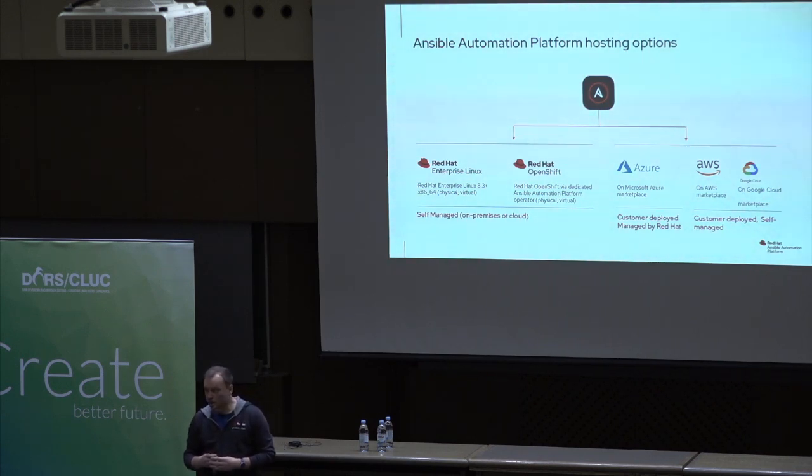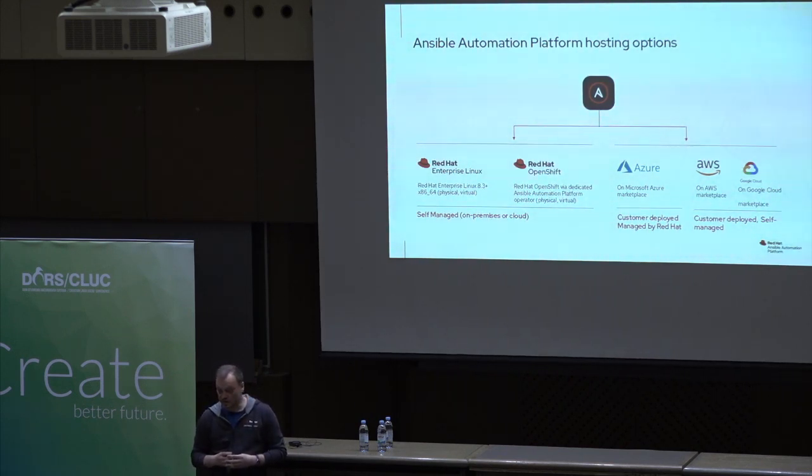And also, we can install Ansible Automation Platform in the major cloud providers like Azure, AWS, and Google Cloud. In the case of Azure, the customer has to deploy Ansible Automation Platform by himself, but the solution is managed by Red Hat.